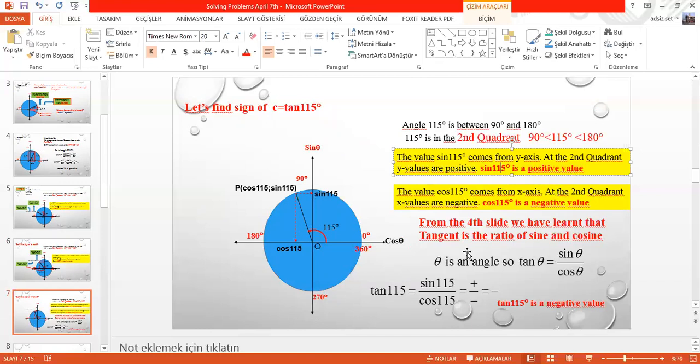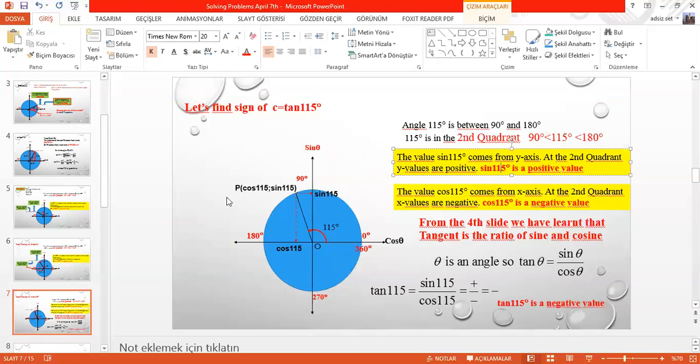And we learned at the fourth slide that tangent is the ratio of sine and cosine, meaning tangent theta, where theta is an angle, is always equal to sine theta over cosine theta. So tangent 115 degrees is equal to sine 115 over cosine 115, meaning sine is positive, cosine is negative, and the result will be negative. So tangent 115 is a negative value.